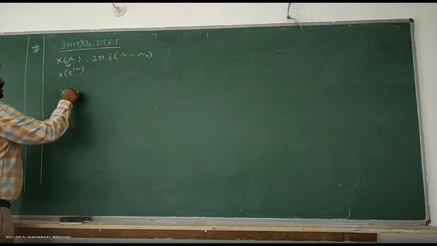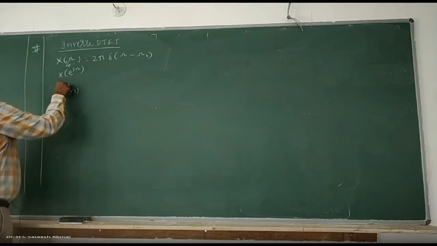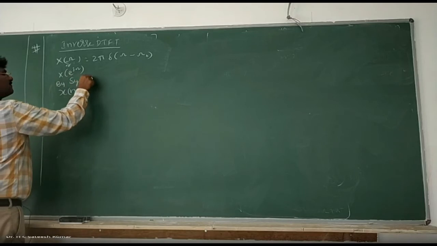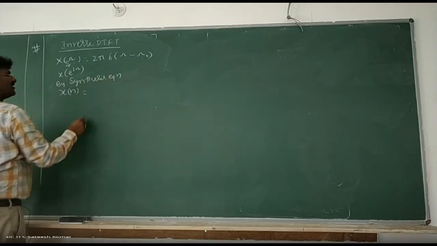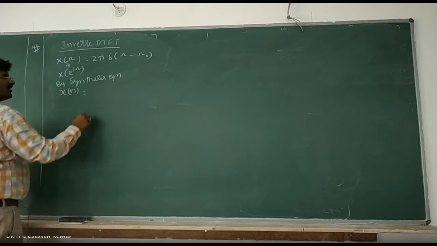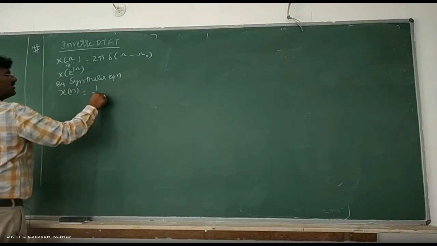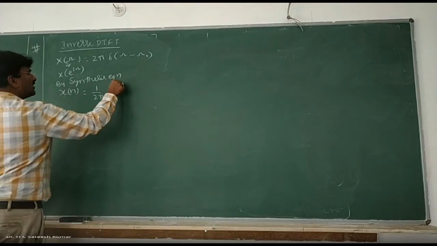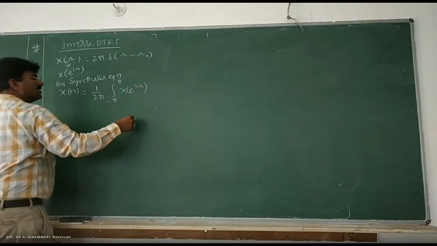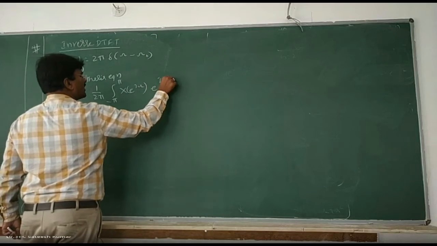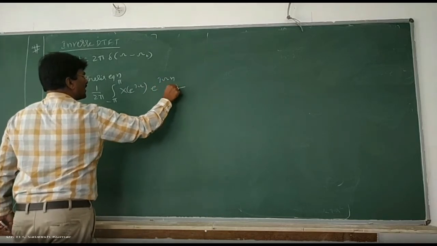We know that by the synthesis equation, x of n is equal to 1 over 2 pi into the integration from minus pi to plus pi of X of e to the power of j omega into e to the power of j omega n d omega.